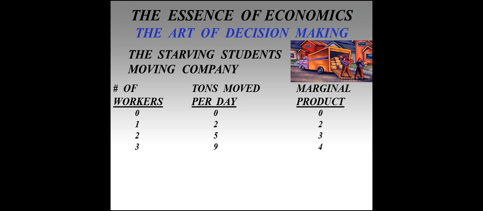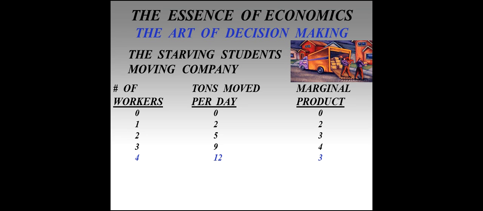And they figure the first thing they need to do for the bigger job, the more complex job, is to add a worker. Now, they wind up moving more weight or more tons per day, but they do it at a little bit of a decreasing rate. Now, this will show why it's really important to keep a close eye on the numbers and the measurements for your business.